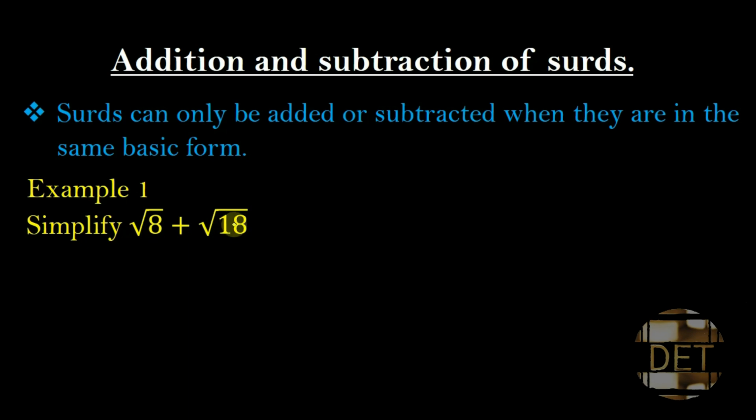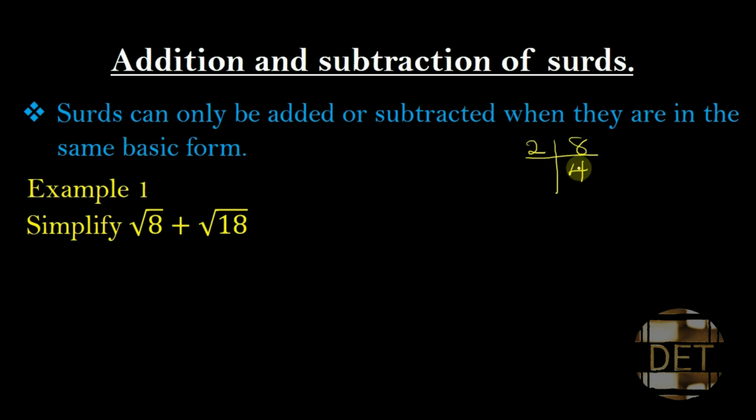What we're going to do here is to simplify these two expressions separately. We simplify them such that we get two factors, one of which is a perfect square and the other an imperfect square. We'll first go with 8. I'll draw out this factorization table, write 8 here. What can divide this 8? 2 can go. 8 divided by 2 will give me 4.